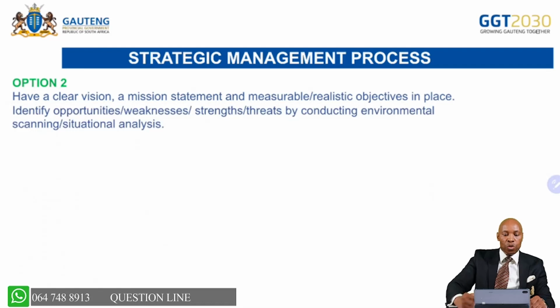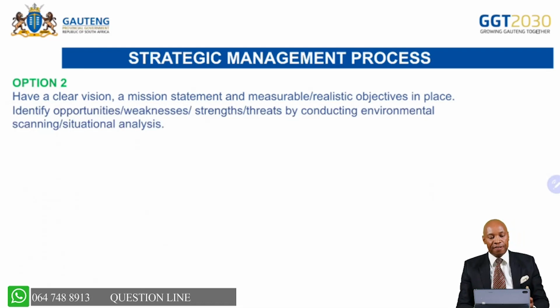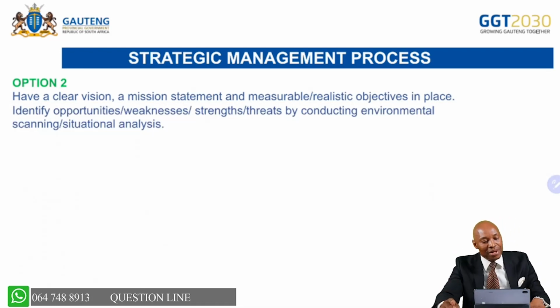Right, then we identify opportunities because we are operating in an environment. We are operating in the trade business environment, in your micro environment, in your macro environment, and then in your market environment. That we identify opportunities, weaknesses, strengths. How? By conducting environmental scanning, which is also known as situational analysis.